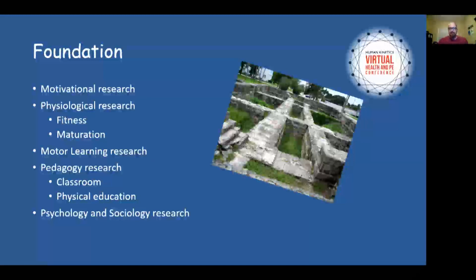I've talked about the pedagogy research, borrowing from classroom research, borrowing from physical education research, and doing some of our own physical education research. And then related to motivation is psychological and sociological research and understanding how that fits in. If you've ever looked at the textbooks, the front half of the book includes a lot of this foundational information, and then it's all applied in the second half in specific introductory activities, fitness activities, etc.